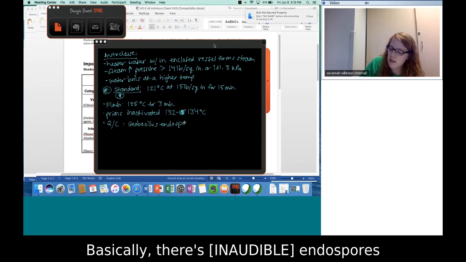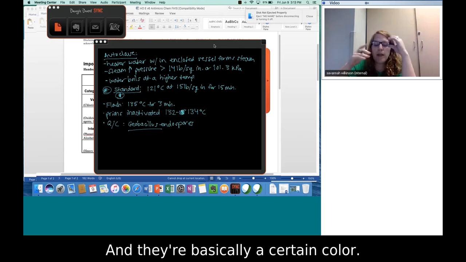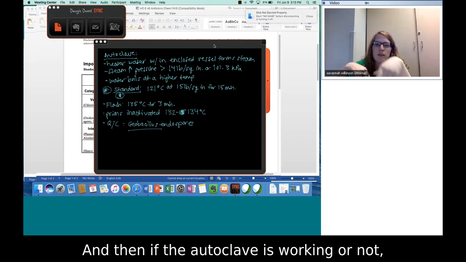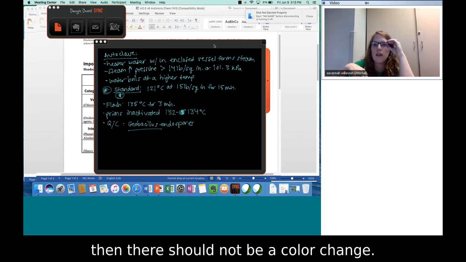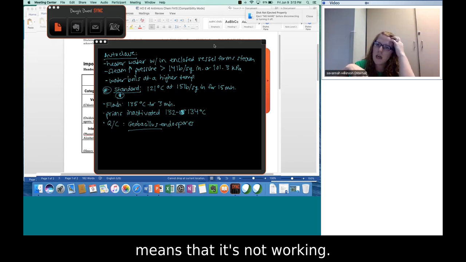Basically, you put the Geobacillus endospores inside the autoclave, and they're a certain color before you put them in. If the autoclave is working, there should not be a color change. But if there is a color change, that means it's not working.